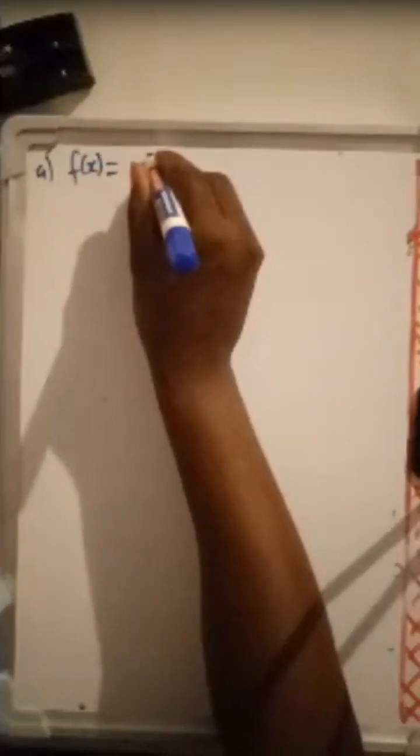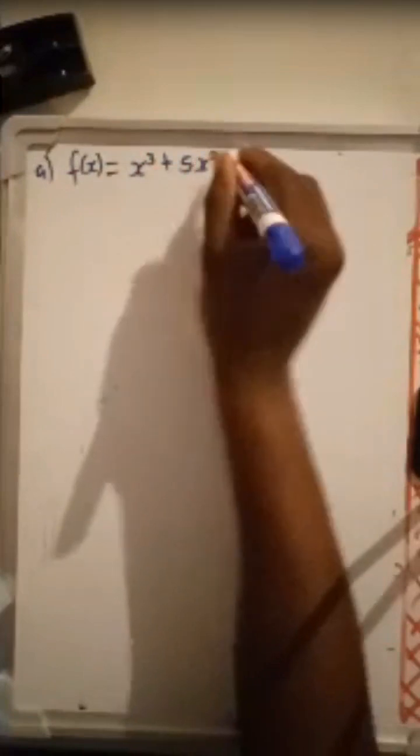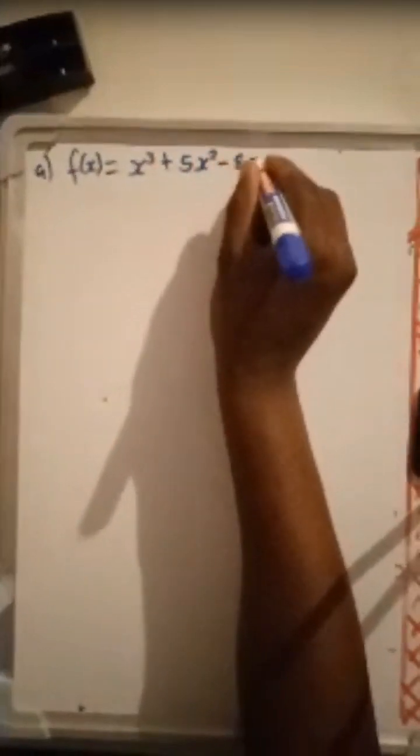Number 1 says, the sketch alongside is f of x is equal to x cubed plus 5x squared minus 8x minus 12. A and B are stationary points of f, meaning to say they are the turning points. Stationary points are the turning points.